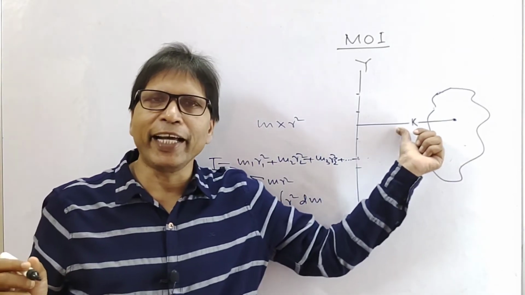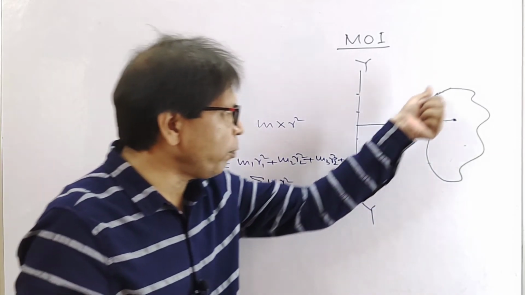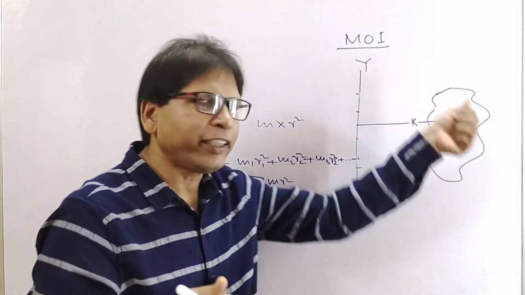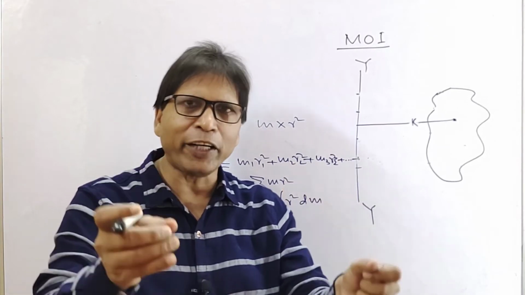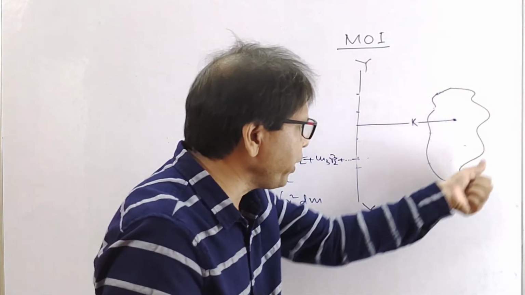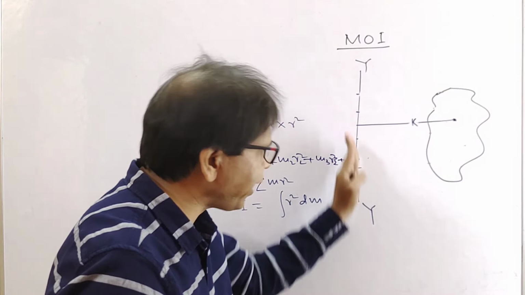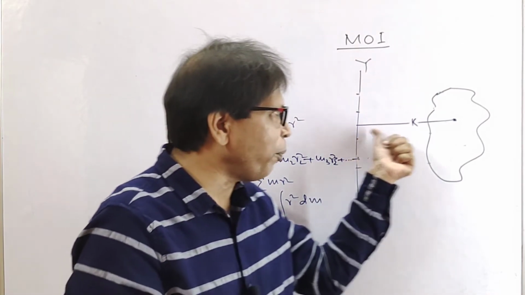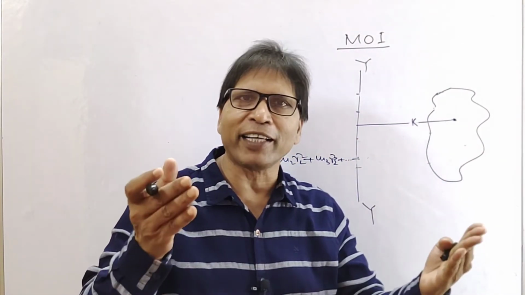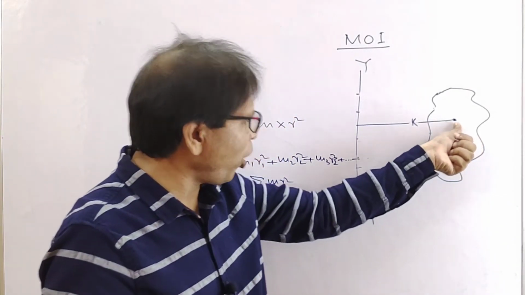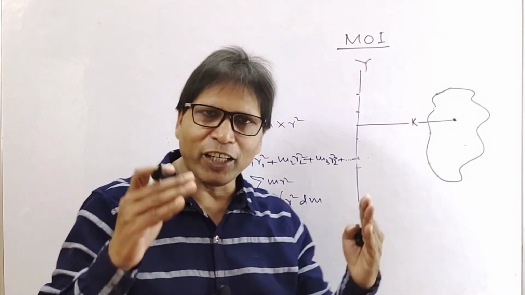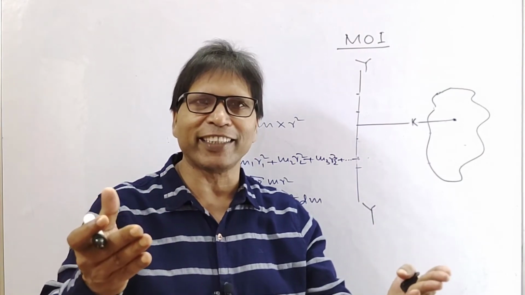Now radius of gyration. If the whole mass of this body is supposed to be concentrated at a point in such a way that the moment of inertia of the body about this axis is equal to the moment of inertia of the point mass, then the distance of the point mass from the axis of rotation is known as the radius of gyration.